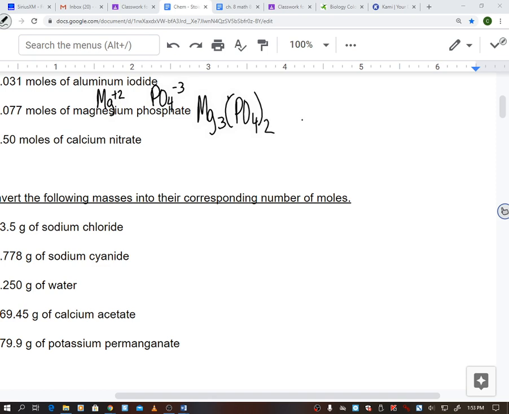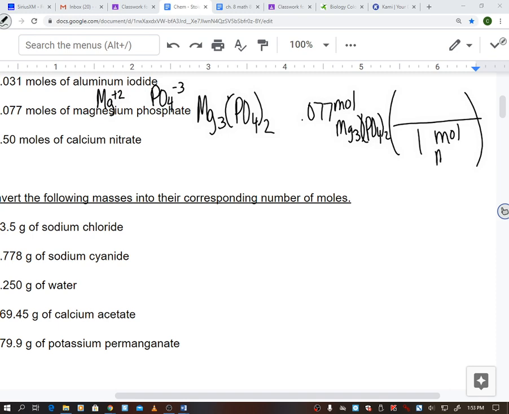So now I'm going to start with 0.077 moles. And I know that in 1 mole of this, I'm going to try to get grams. So magnesium, if you look on your periodic table, you will find that magnesium rounded weighs 24. There are 3 of them. Now there are a couple of ways you can do the PO4.